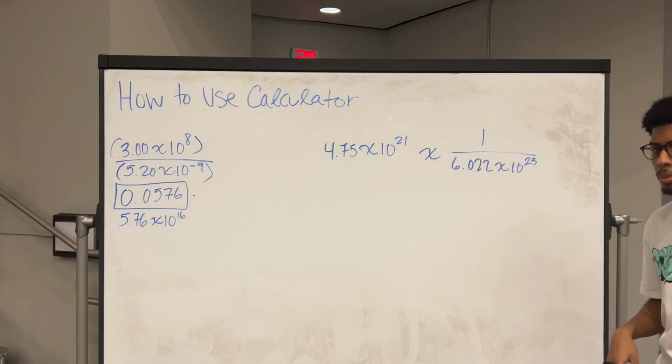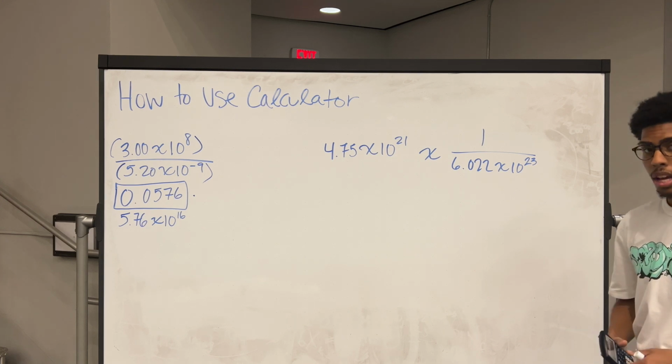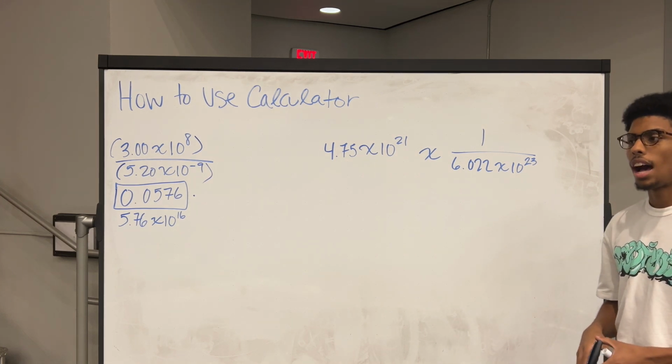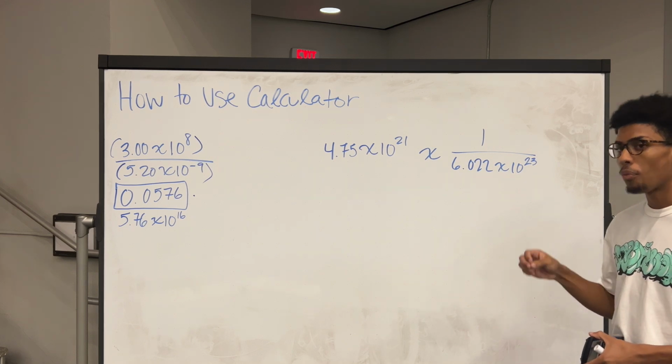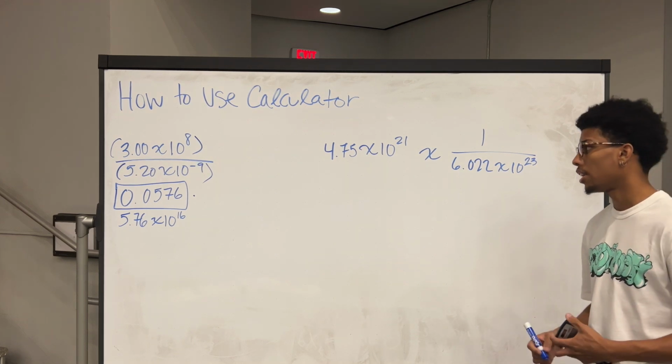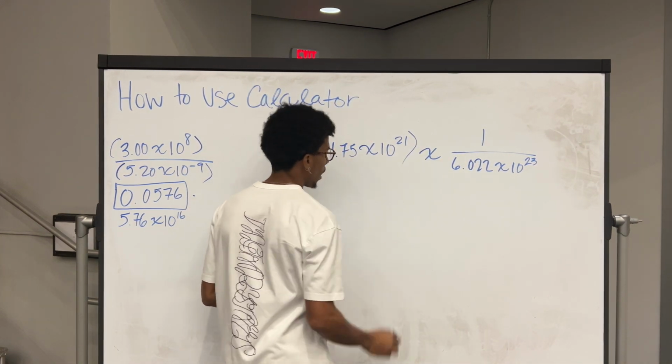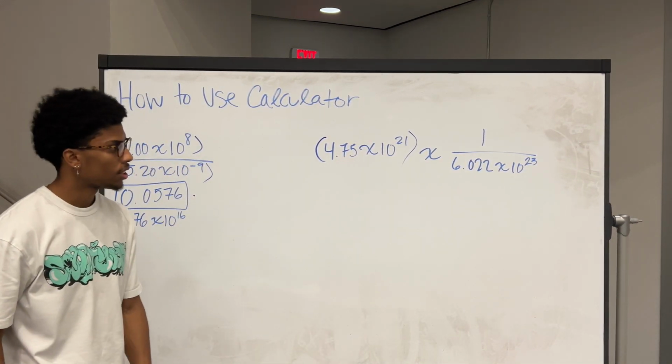Same thing here, but this is a little bit more complex. And I'm going to show you what I did to ensure that I always was confident in the answer that I received from the calculator. So again, like before, please put parentheses around scientific notation.